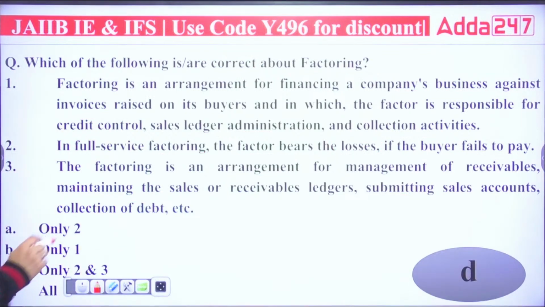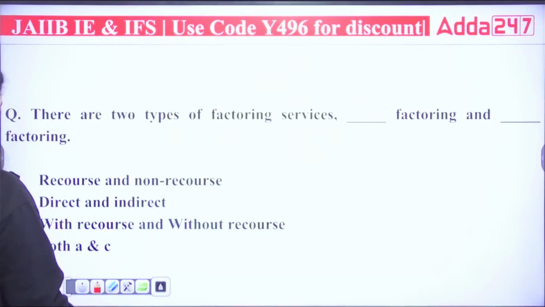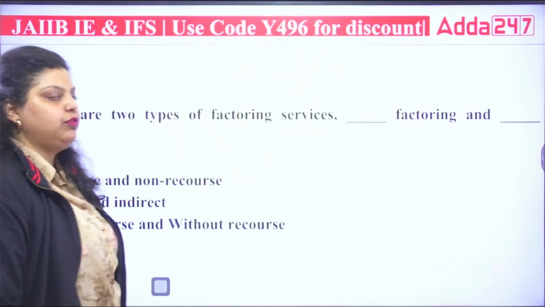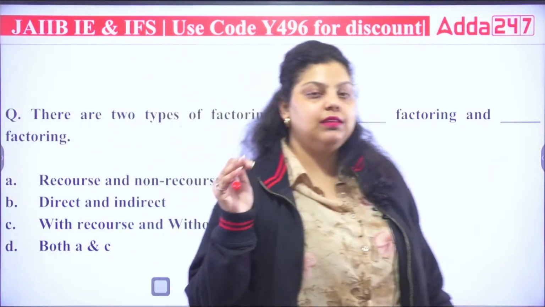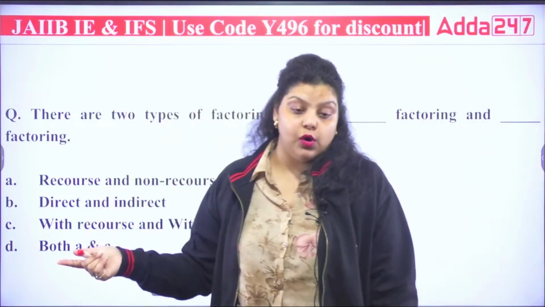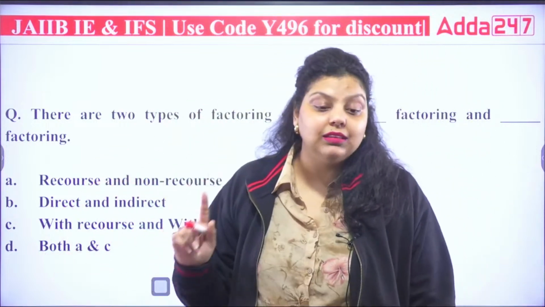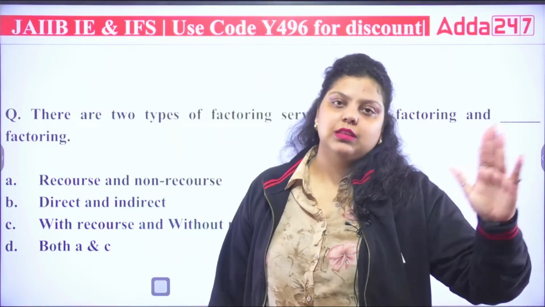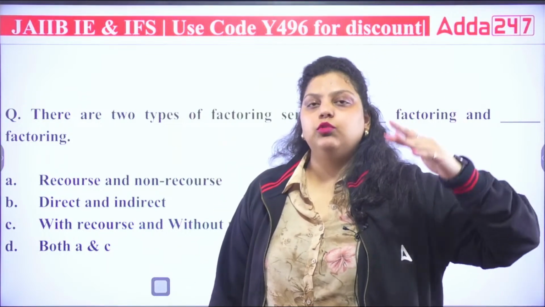All are correct. The second question is talking about two types of factoring services, dash and dash. Factoring has two types. One type says that if the buyer defaults, the seller has to give back the money to the factor. The second says if the buyer defaults, the bank or the factor has to bear the loss.